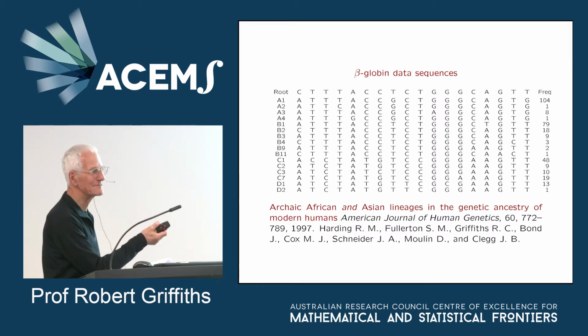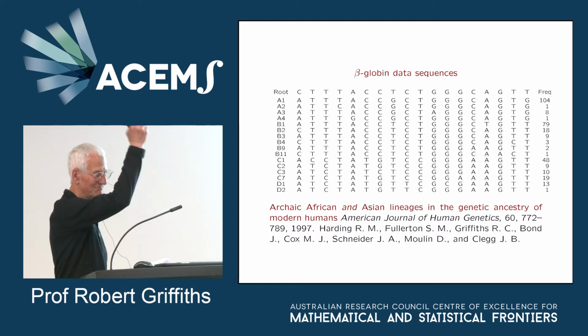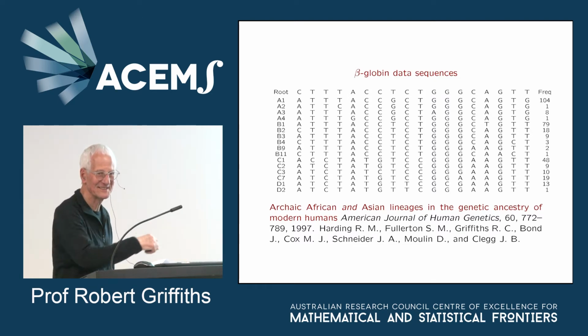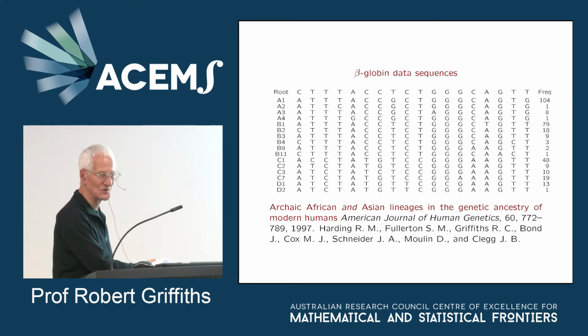There are many columns which go just T, T, T, T, T, T, or G, G, G, G, G, and so on, and they're not included. Only these columns where there are 2 are included, and they're called segregating sites. And they give you a lot of information about what happened back in time.